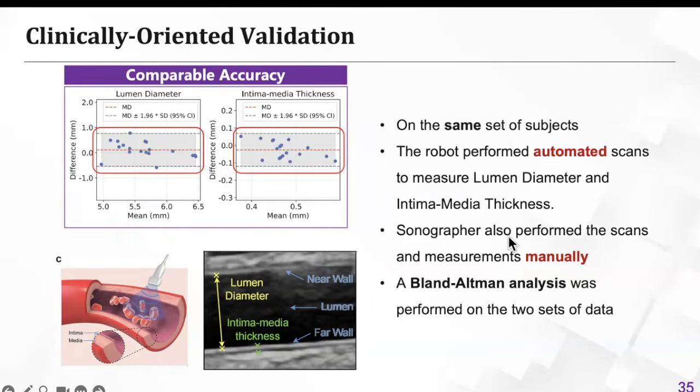Then we get two groups of data, obtained by the robotic system and the sonographer respectively, and we apply Bland-Altman analysis, which shows that the measurements from the two methods were in agreement. In other words, our robotic system is capable of acquiring high quality ultrasound images and performing accurate measurements.